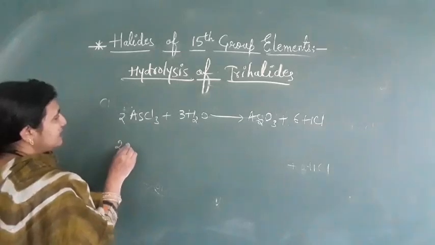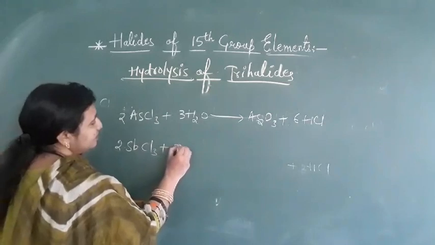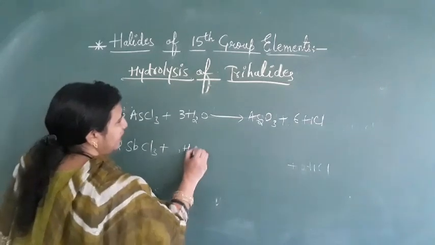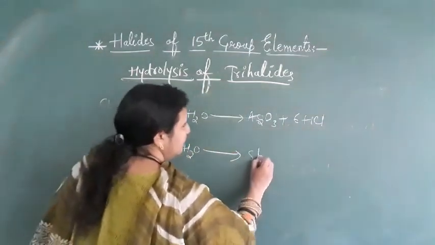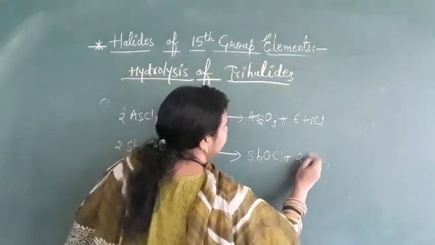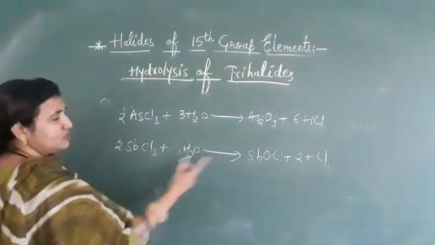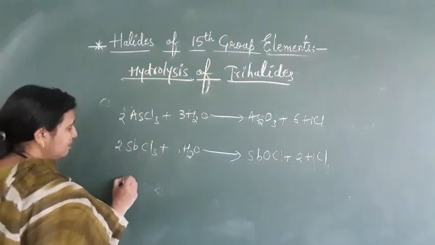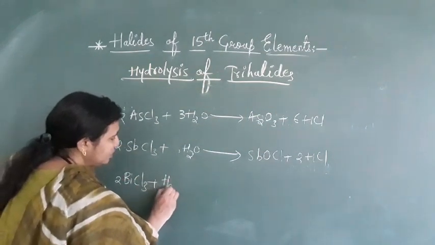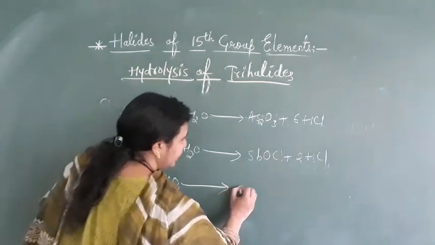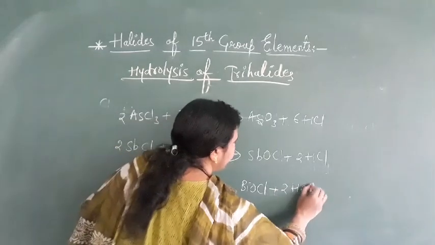And with bismuth, BiCl3 plus H2O also gives BiOCl plus 2HCl.